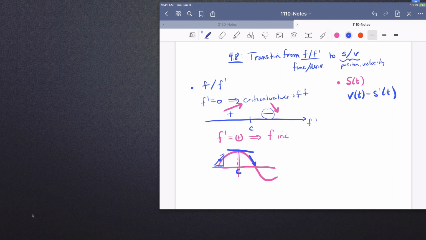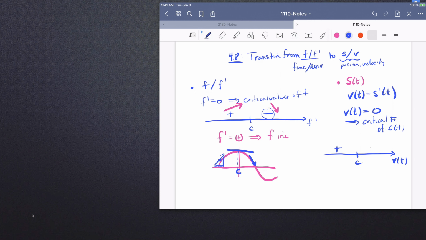And we could do the same kind of thing here. We could look at when the velocity is equal to 0. This will be a critical number of the position function. And then we can make a sign line for the velocity. Put your critical number on here.